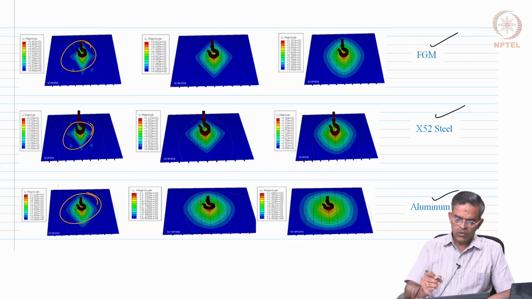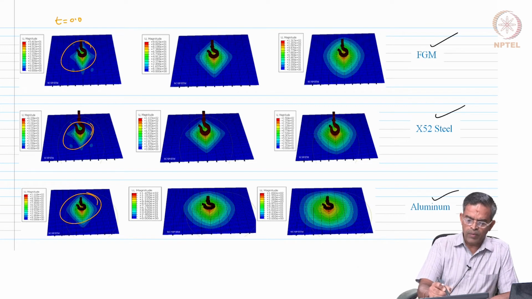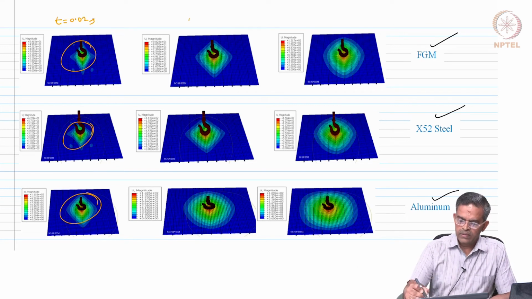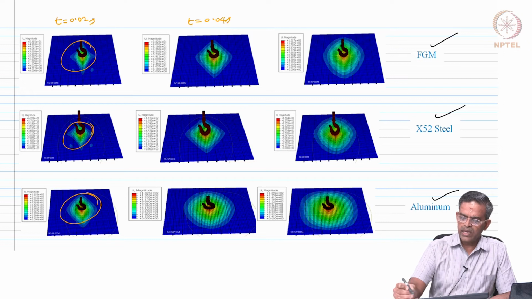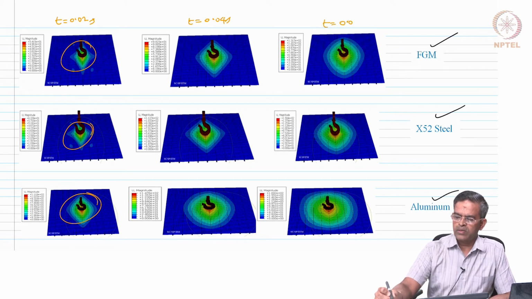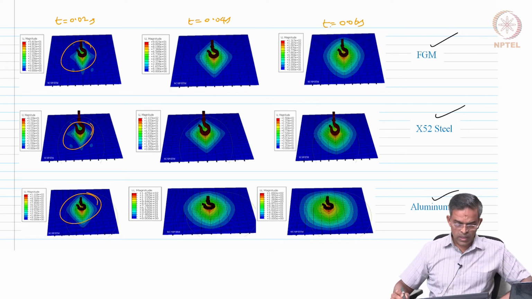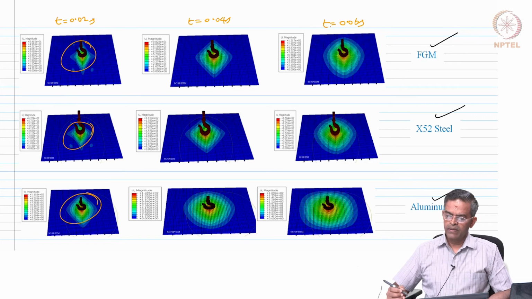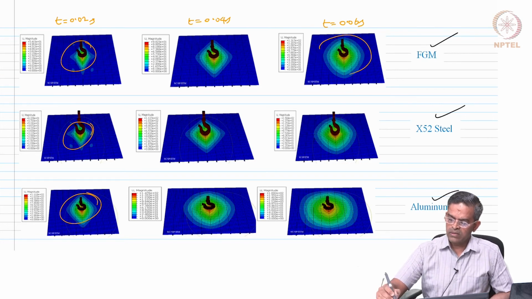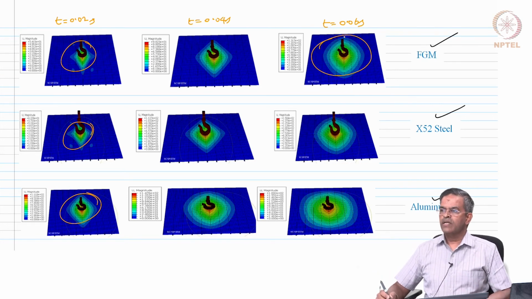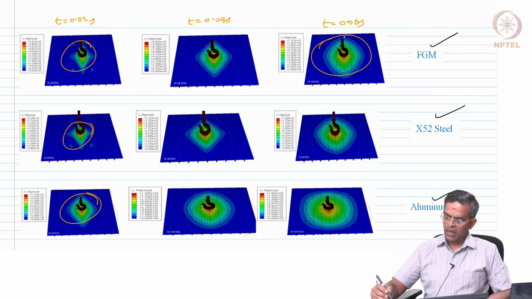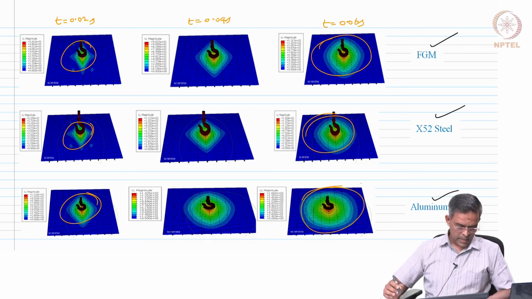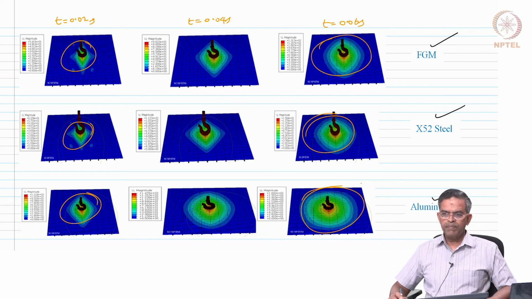Of course, this is for T 0.02 seconds, T 0.04 seconds, and this is for 0.06 seconds. Over the rate of time increase, of course, the impact spreads, but even at a higher period, you will see that the stress concentration is far lesser in terms of its area of spread compared to that of X52 and aluminum under this impact load.